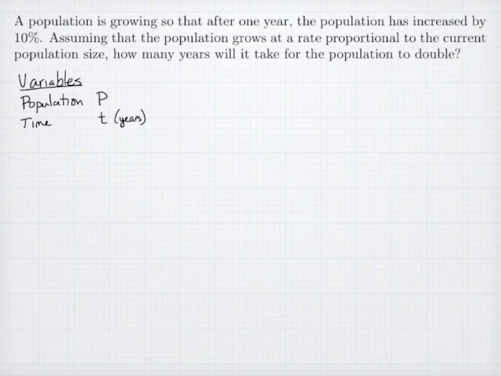Now, for a model, we need to identify what kind of model would be appropriate. The key is that it tells us that the population grows at a rate that is proportional to the current population size.